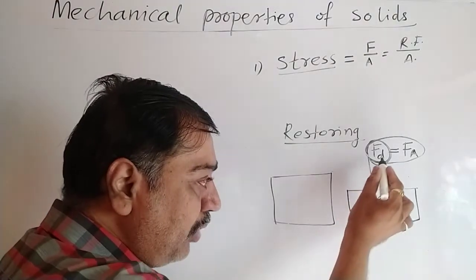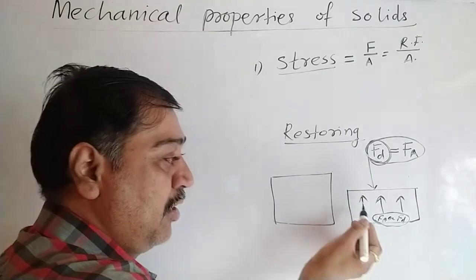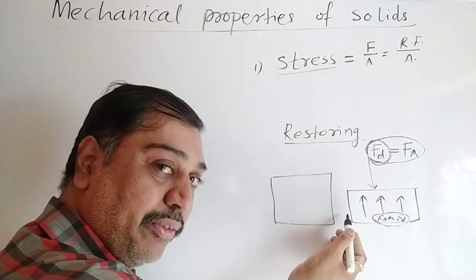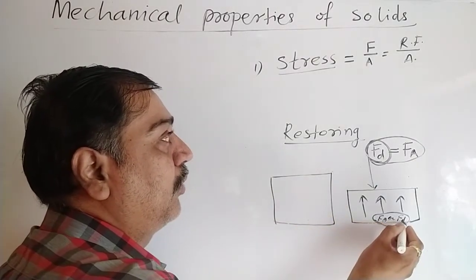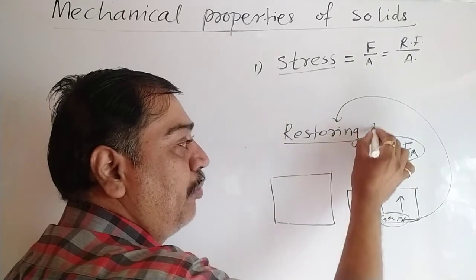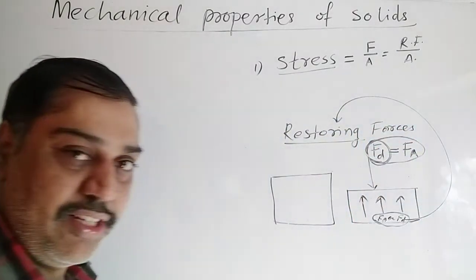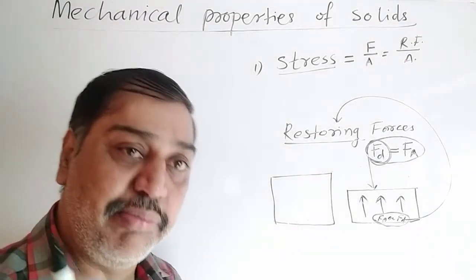When you remove the applied force, due to these internal forces the body comes back to its original shape if the body is elastic. So these internal forces are said to be restoring forces. Restoring forces are the forces created internally only in elastic material.